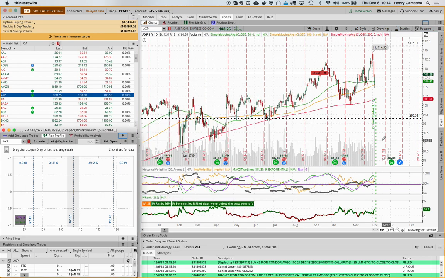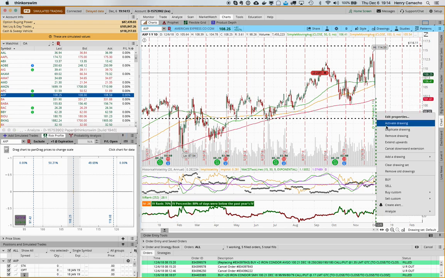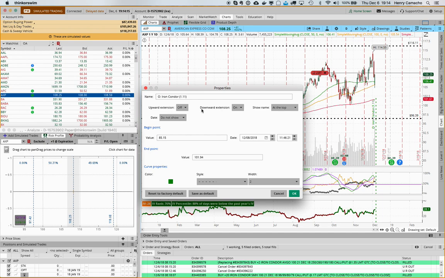And now the way I've got this set up is this line has the following properties. It has downward extension on, it automatically sets the value, and then I've set these colors and this style to something that's preferable to me.